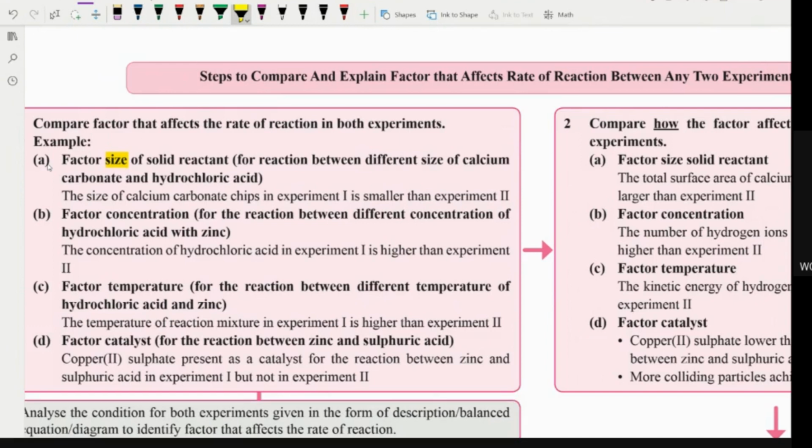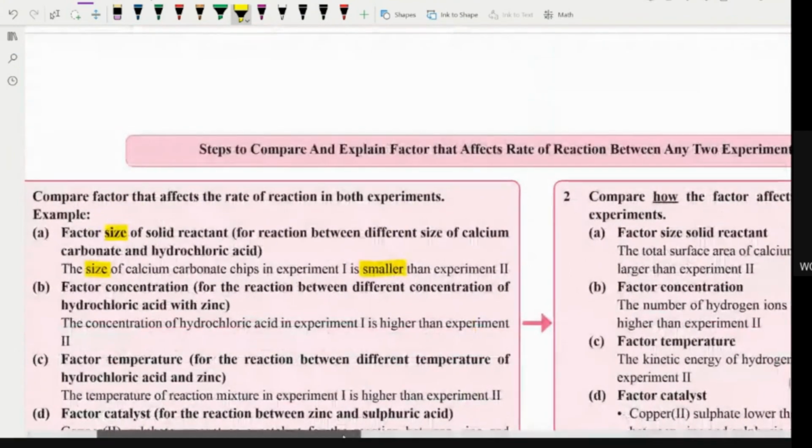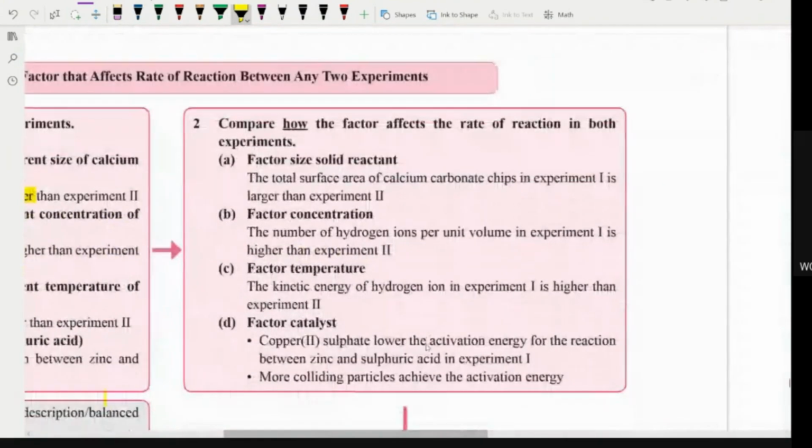So size you mention first, smaller. This is point number 1. Point number 2: if the size is smaller, what you need to mention is the total surface area for the calcium carbonate in experiment 1 is larger than experiment 2.